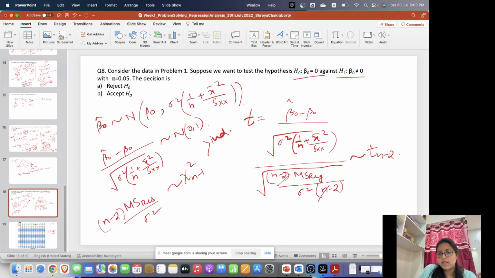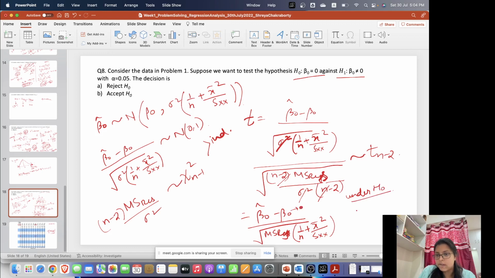This one will cancel, this one will cancel, and we'll be left with beta naught hat minus beta naught by root over MS residuals times (1 by n plus x bar square by Sxx). So under H naught, this will become 0. So our final test statistic is beta naught hat by root over MS residual times (1 by n plus x bar square by Sxx).